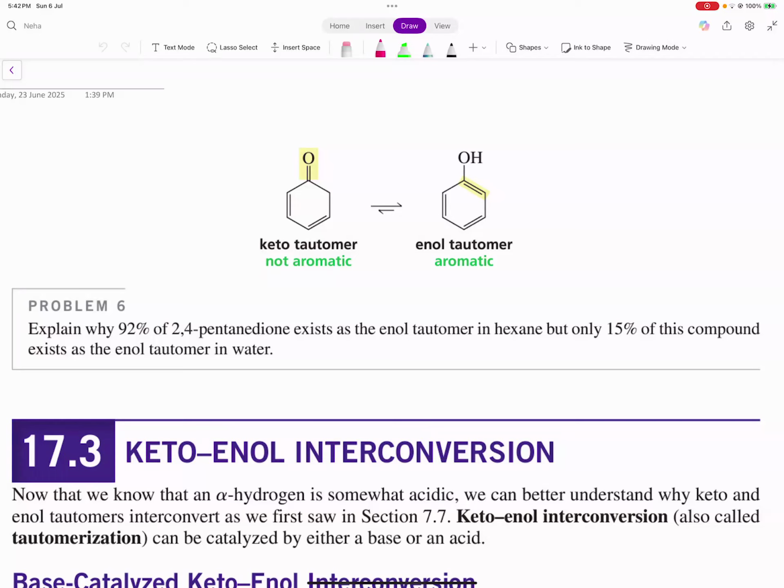No, no, no. That is true, but how is that going to affect anything, right?